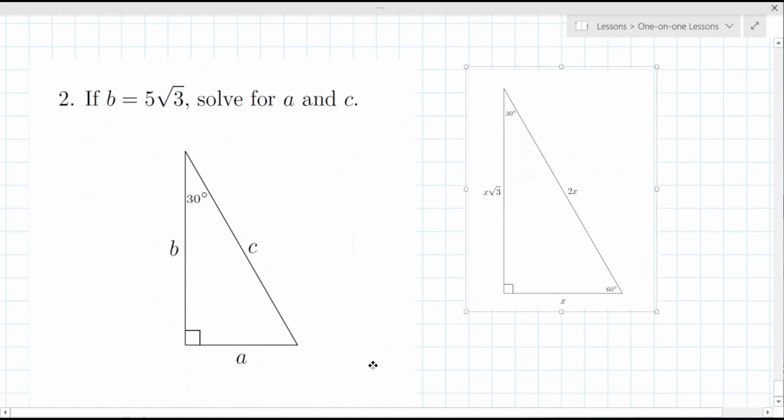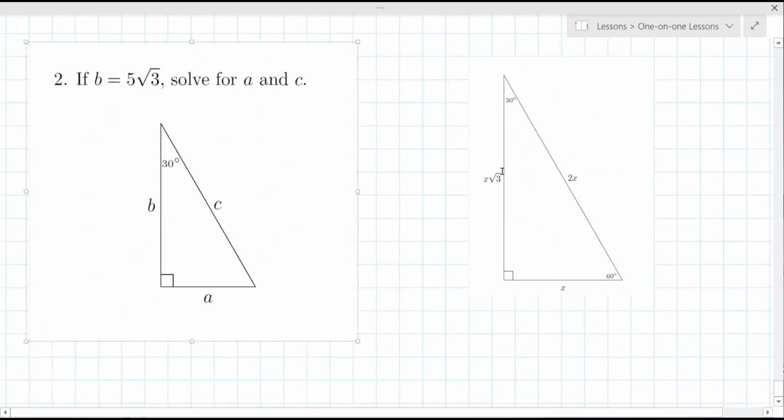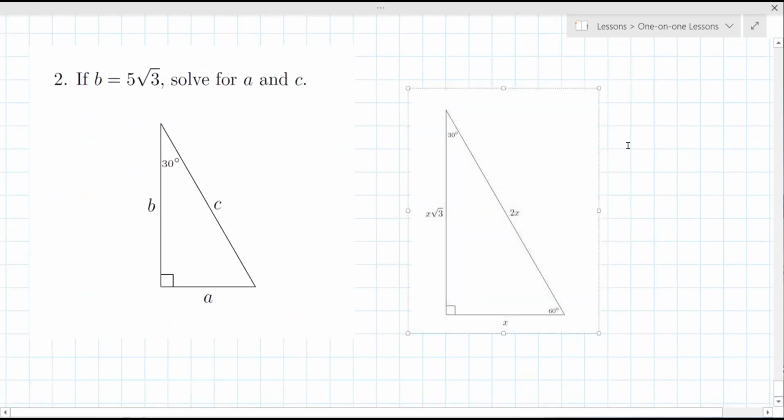Okay. All right, so give this a go, please. See if you can come up with those values. So A would be 5 and C would be 10.